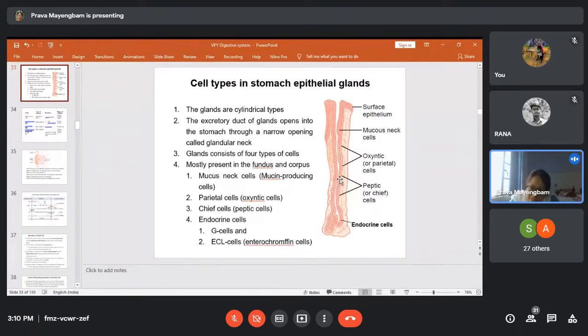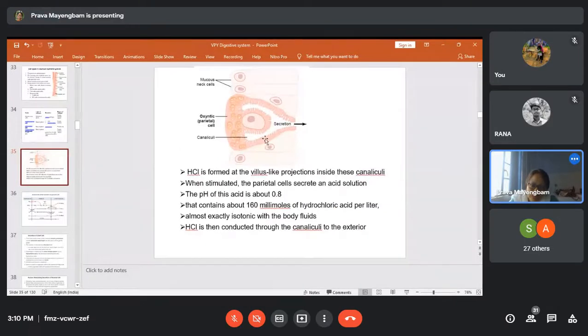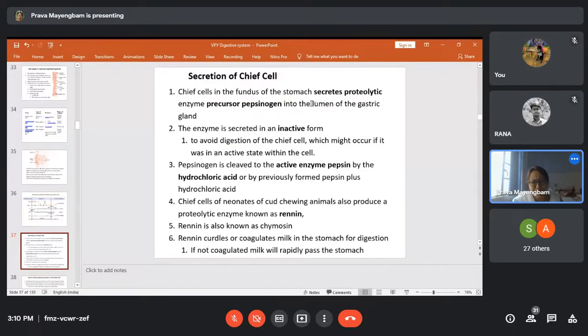They will be secreting their secretion, a proteolytic enzyme, into the lumen. So the chief cells in the fundus of the stomach secrete a proteolytic enzyme in its precursor form, called pepsinogen, and this secretion comes into the lumen of the gastric gland.